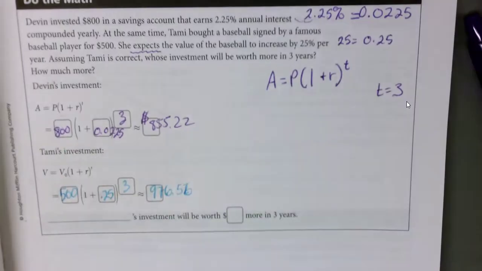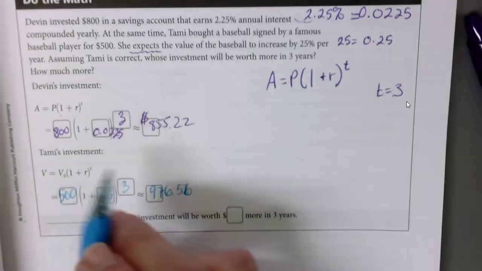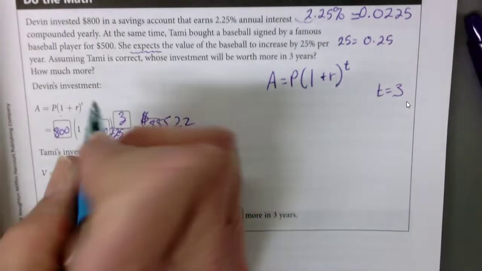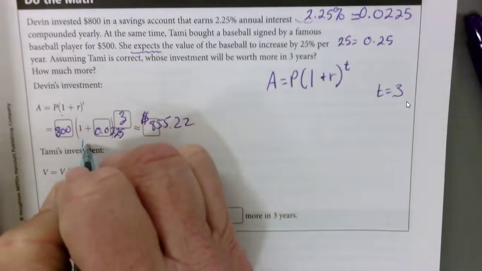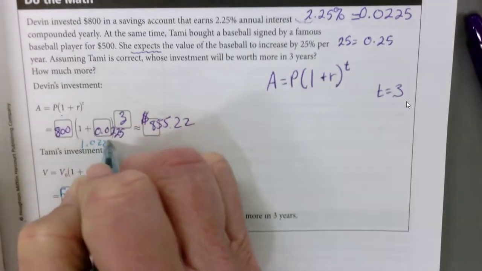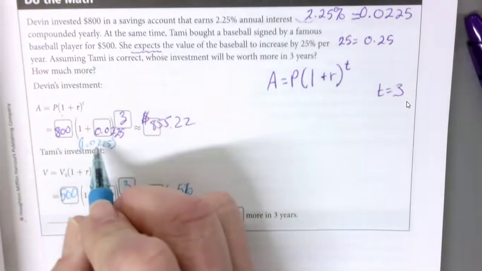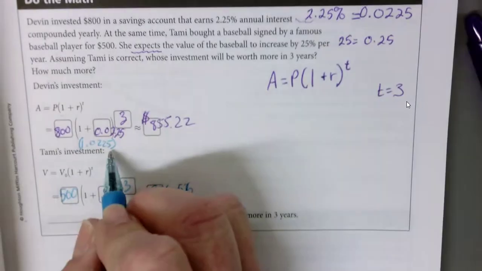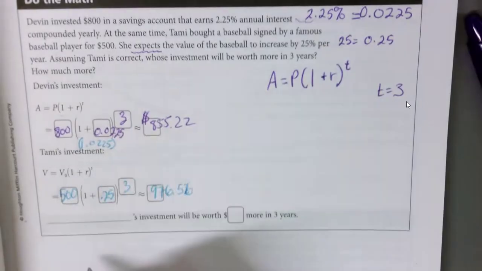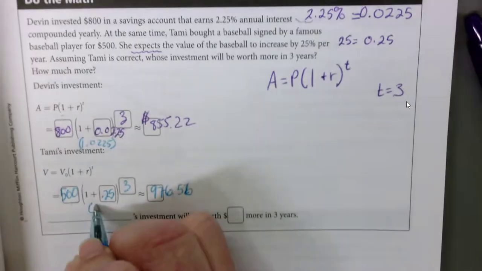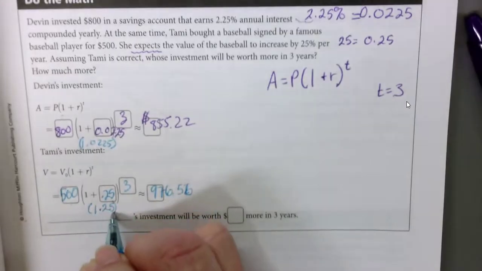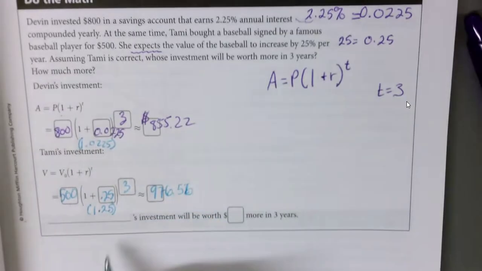And then also make sure that you are cubing the 1.0225, because that's what's going to be added up inside the parentheses, and then you take that to the third power. Same thing here: this is going to be 1.25 to the third power. So make sure that you're using parentheses or adding them first.